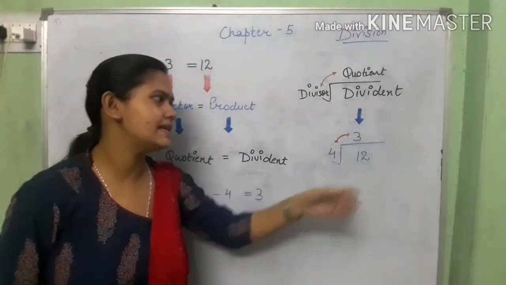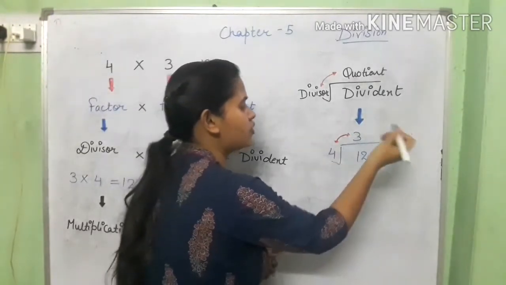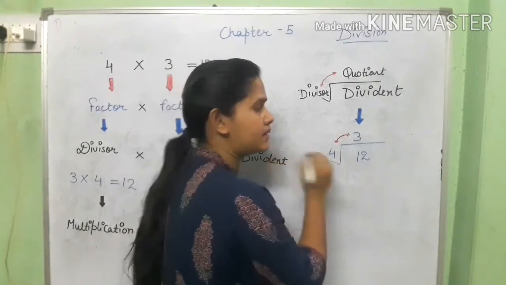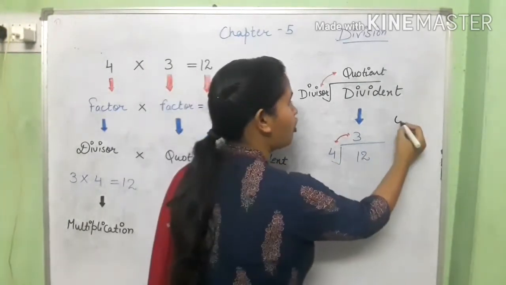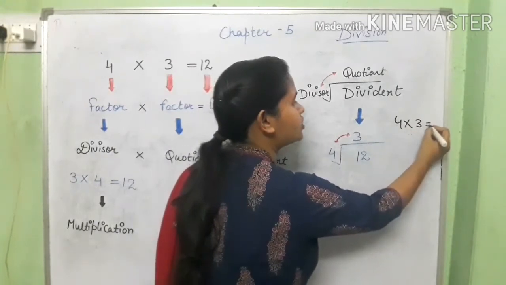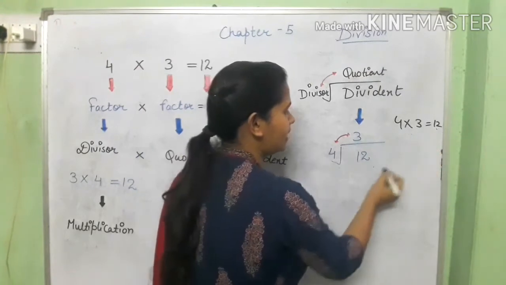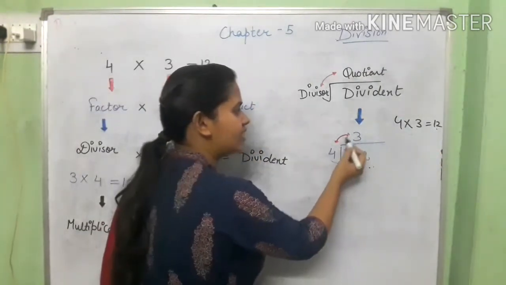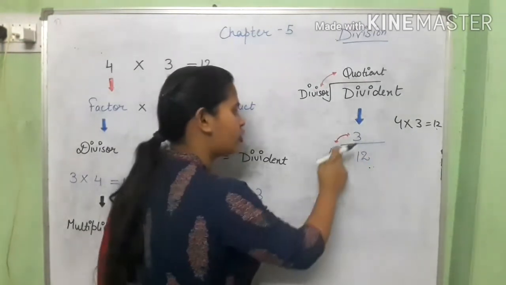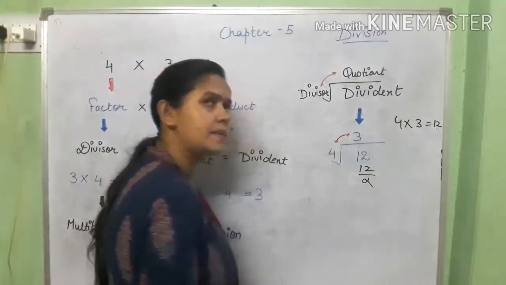So when we have 4 outside and 12 inside, we go to the 4 table where 12 comes. 4 3s are 12. So 4 will be here, 3 will be here. So simple. They have a relation between them. 4 3s are 12. In this way, we have solved it.